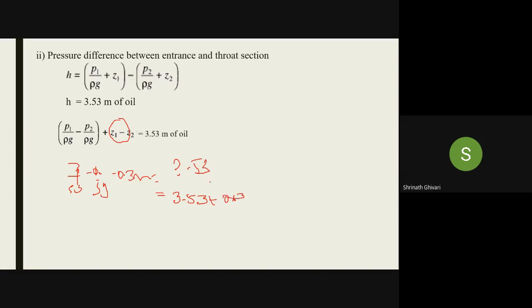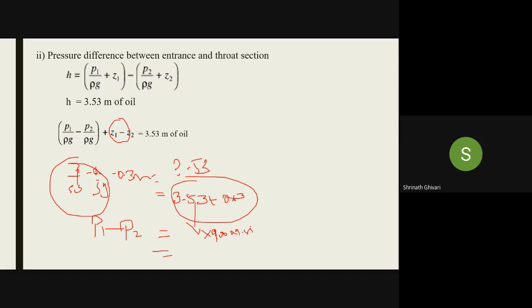Whatever answer is there equals P1 minus P2 by rho g. Therefore, P1 minus P2 equals that answer multiplied by density. What is the density of oil? Specific gravity 0.9, so 900 into 9.81. So P1 minus P2 will be the answer of this. Can anyone tell me the answer?